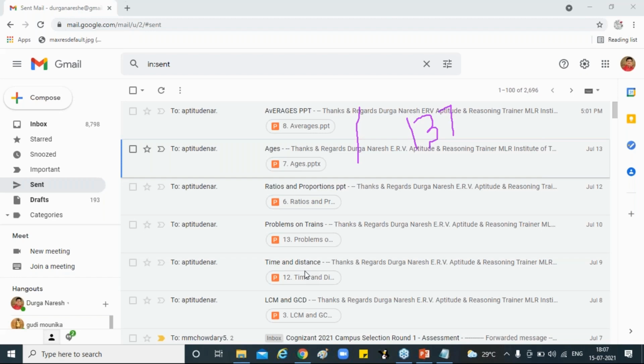For your batch, Sahiti, by Monday we will share the materials. Whatever mail ID is registered with Durga Soft, we will share that material to that mail ID. There is no problem. From Monday onwards, Maharaja Reddy.